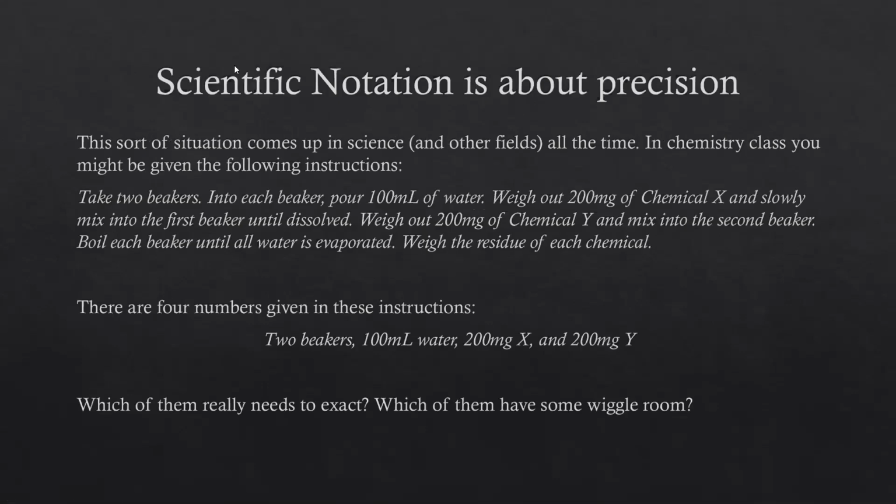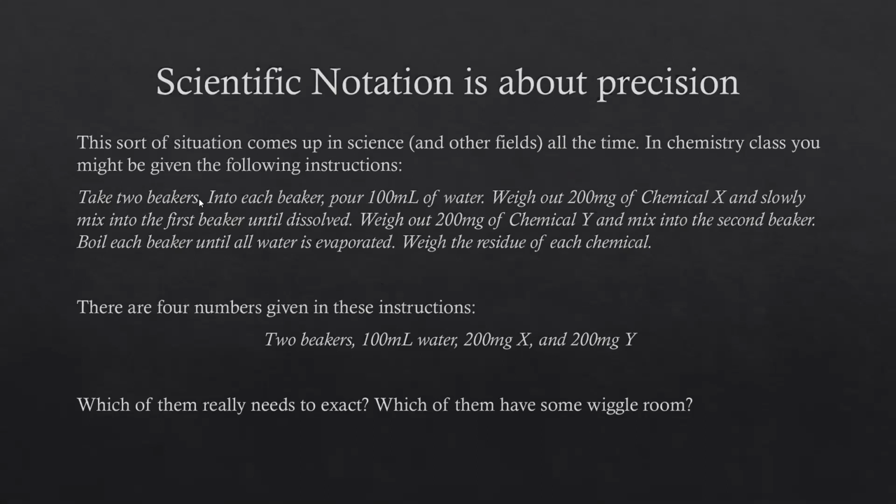So this sort of thing comes up in science all the time. Sometimes you really, really, really care about exactly how much of something you have. And sometimes you just kind of like, well, we just need some and just get that amount. So let's look at these instructions here.